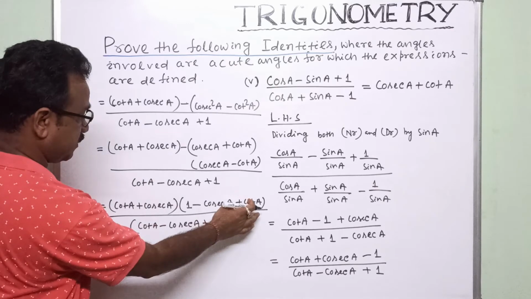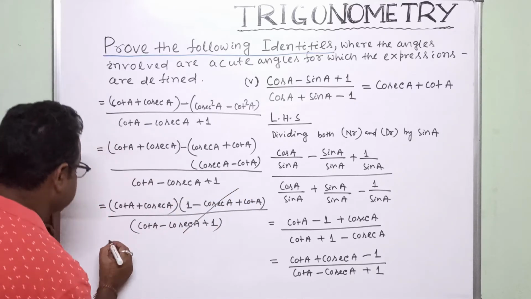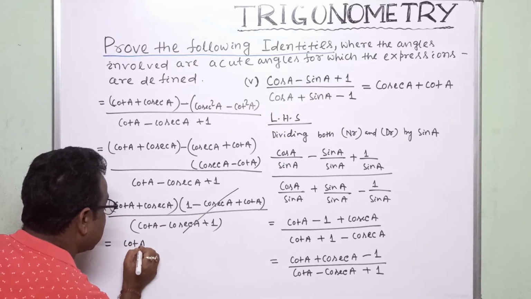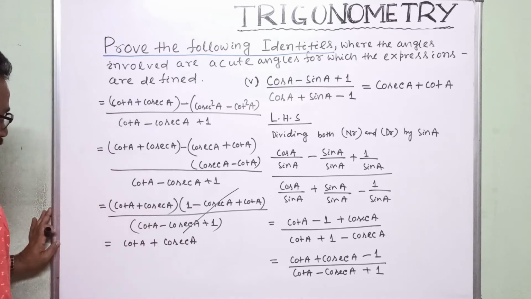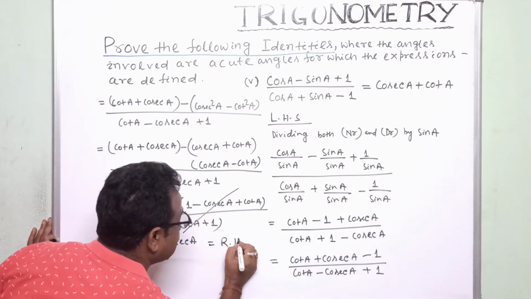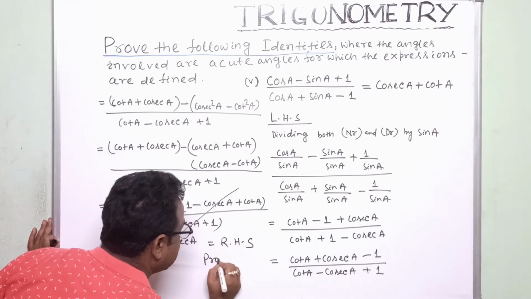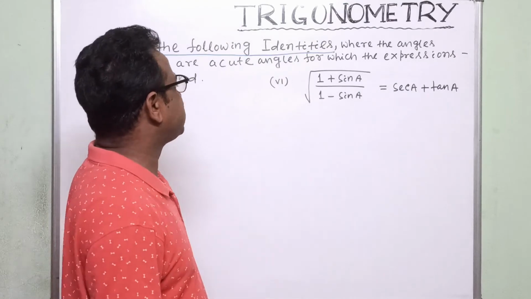Now see, plus cot A minus cosec A plus 1 cancels. That is equal to cot A plus cosec A. So cosec A plus cot A is equal to RHS, proved. Now move on to the next question.